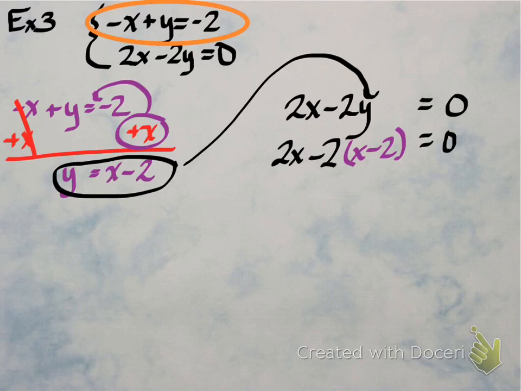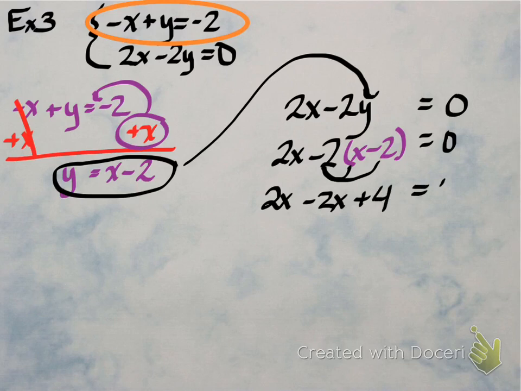I distribute, and that 2x stays here. This time I'm distributing a negative 2 to both parts. Negative 2 times x is negative 2x. Negative 2 times negative 2 is plus 4, equals 0.